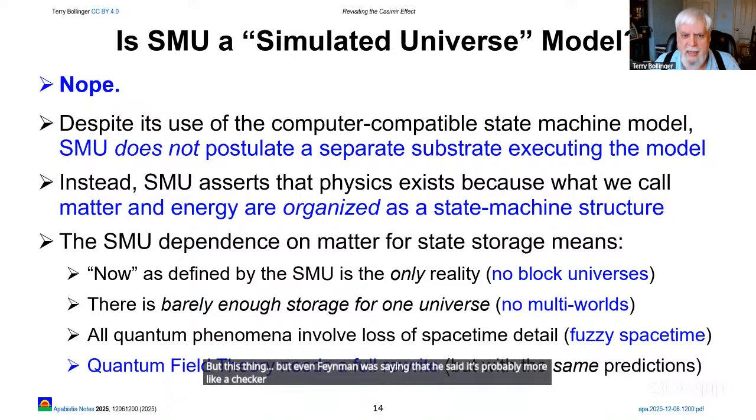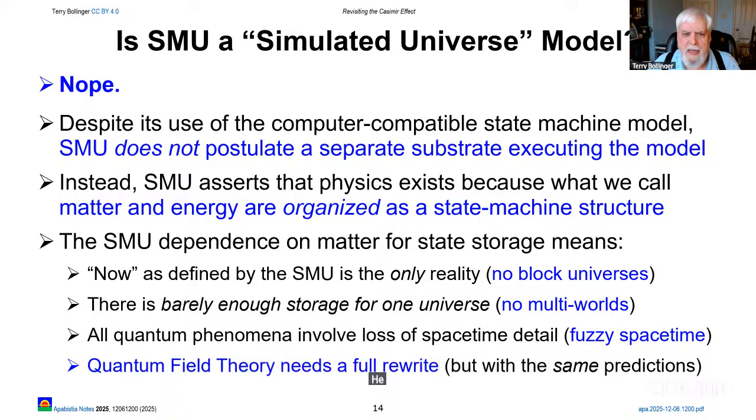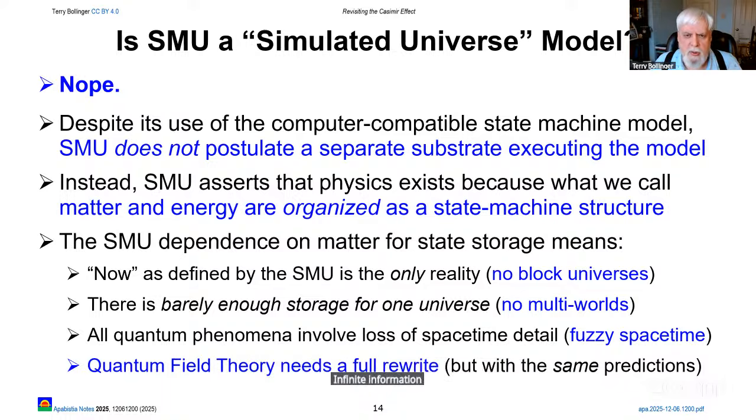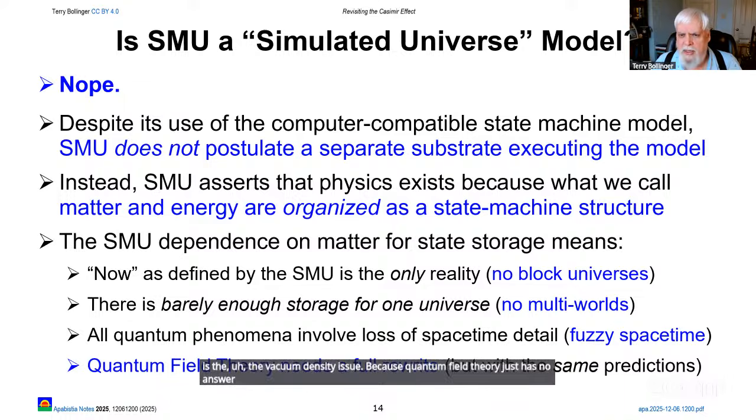He derided his own theory just to make the point that something's not right when we put infinite energy, infinite mass, infinite information into one cubic centimeter of space. One of the consequences, where quantum field theory does terribly, is the vacuum density issue, because quantum field theory just has no answer for that. In fact, it makes some of the most terrible predictions in all of physics.